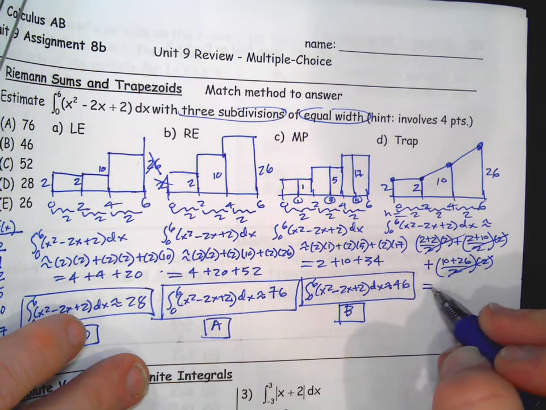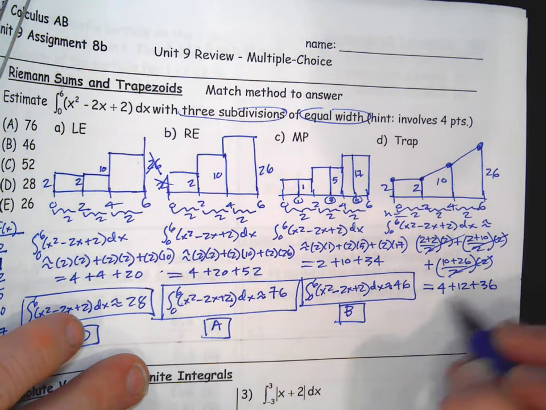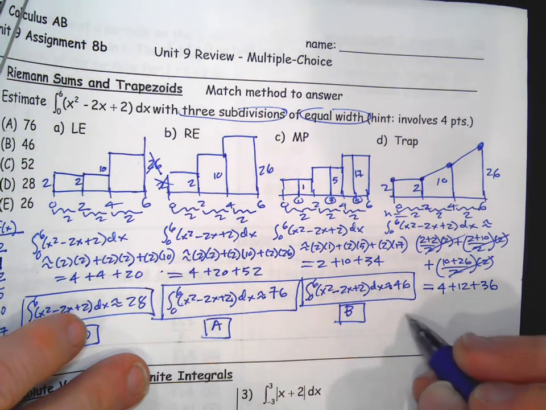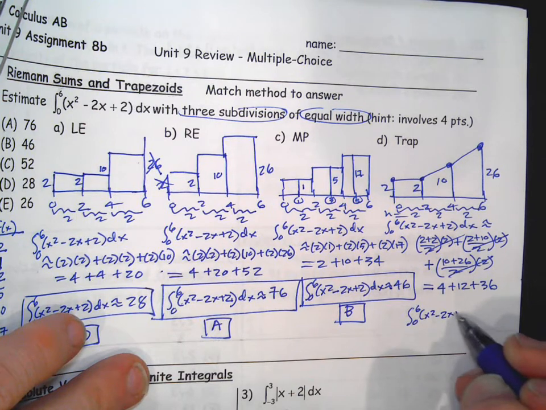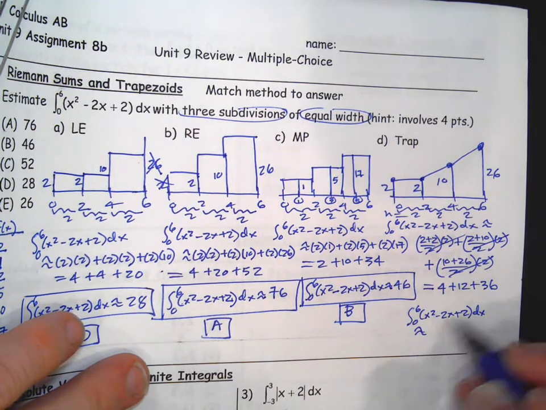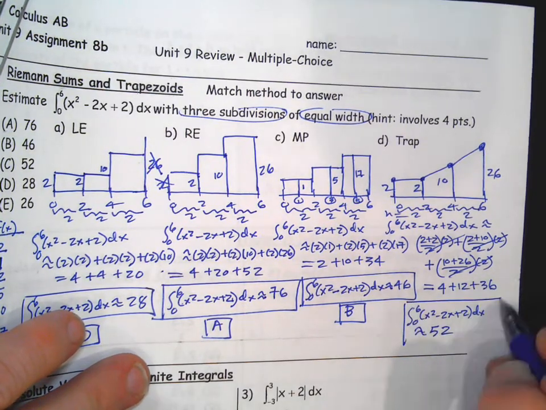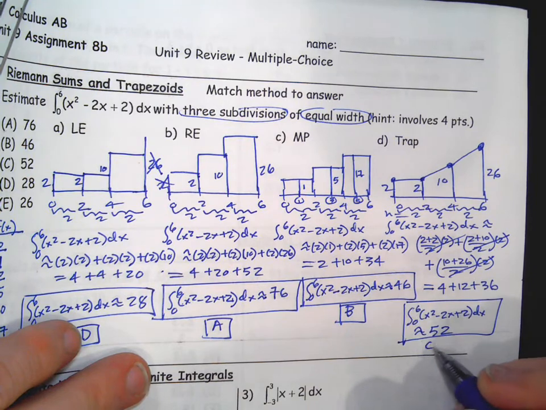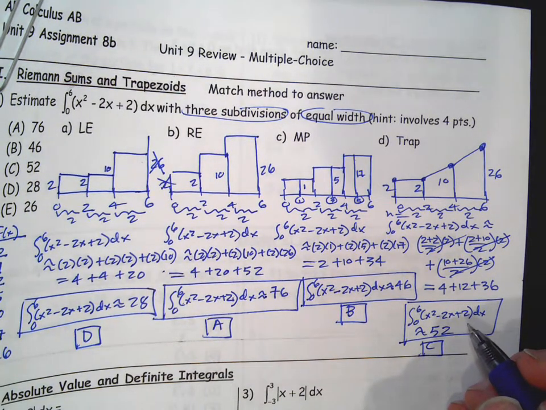So we get 4 plus 12 plus 36 equals 52, which matches answer C.